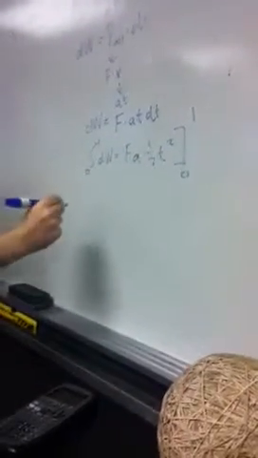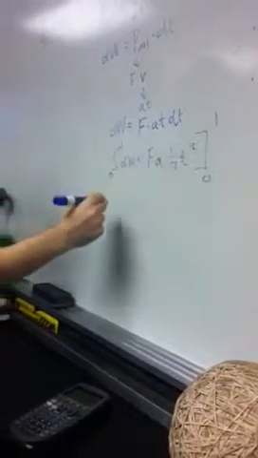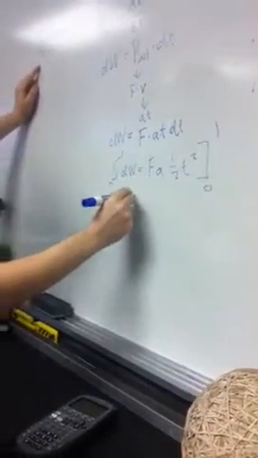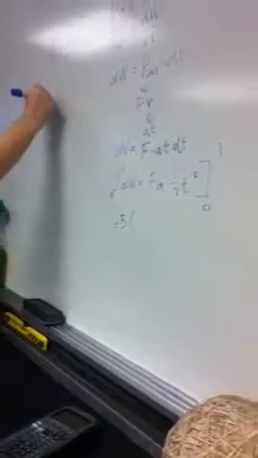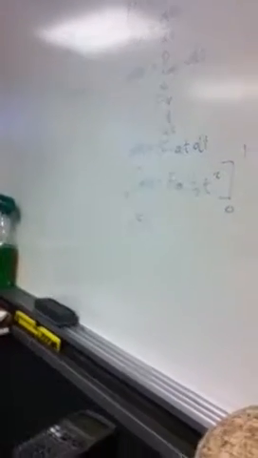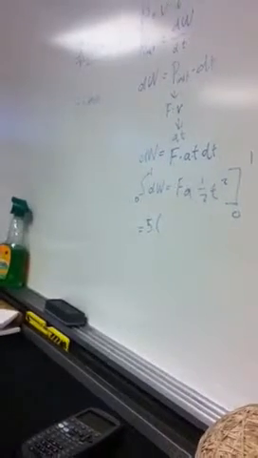Okay, so then we're going to plug in 1. What's the force? 5. What's your acceleration? Let's figure that out. Well, it's at rest. No, force equals ma, right? So it's 5 divided by 15, which is a third.